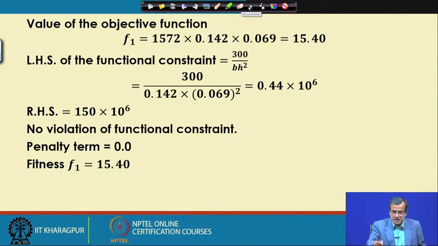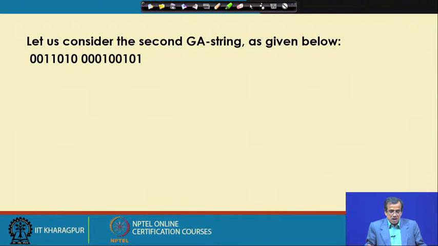So, this is the way, corresponding to a particular GA string, I can find out the numerical value for the objective function, and I can find out whether there is any violation of the functional constraint, and if there is a violation, I will be able to find out the penalty term. But fortunately here there is no violation, so the modified fitness will remain the same as the original fitness. So, corresponding to the first GA string, we are able to find out those values.